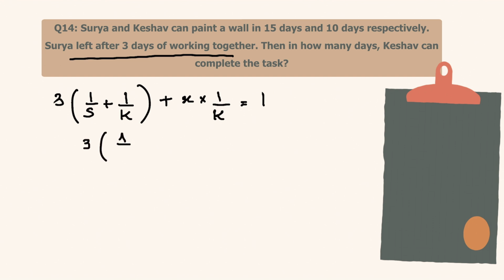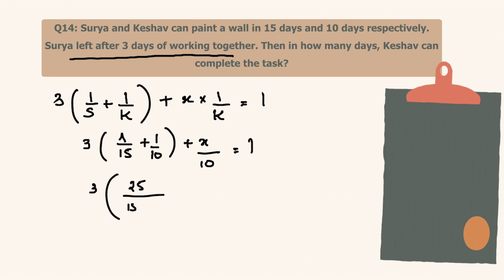Surya is 15, Keshav is 10. Keshav is 10 is equal to 1. So this will be 3 into 25 by 15 into 10.